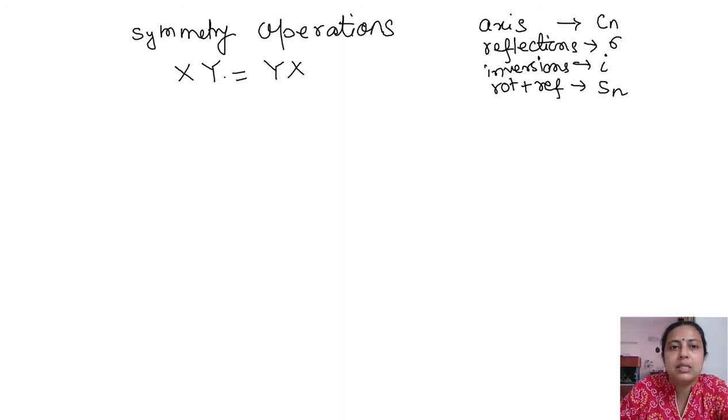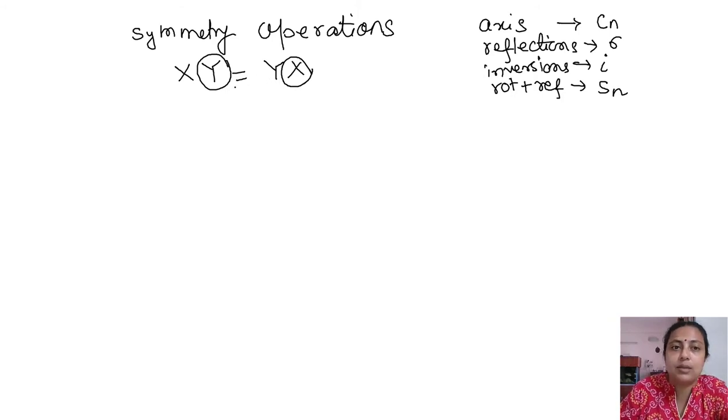It only means that I am doing the Y operation first on the molecule followed by the X operation. The structure that we get should be exactly the same if we do the X operation first on the molecule and then do the Y operation on the molecule.